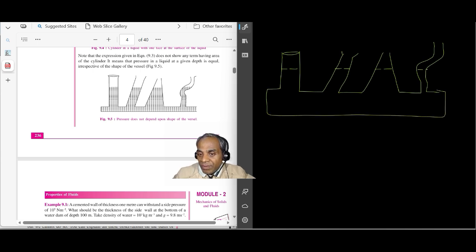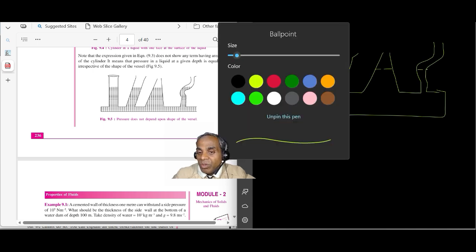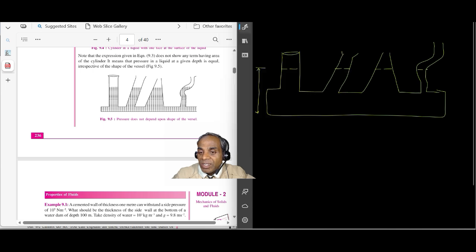Assuming the same level for different vessels, if I want to know the pressure at a depth here, maybe that is this point, at the same horizontal level, this point inside this, and the same.